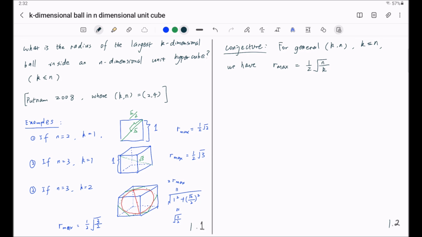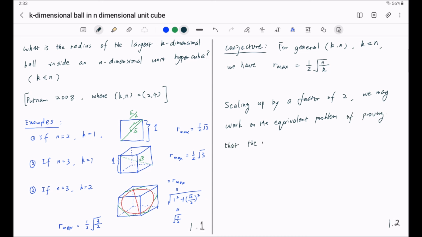To make this problem slightly easier to solve, we can do the following simplification. Scaling up by a factor of 2, we may work on the equivalent problem of proving that the maximum radius of a k-dimensional ball contained in the hypercube, the n-fold Cartesian product of the closed interval from -1 to 1, is square root of n divided by k.